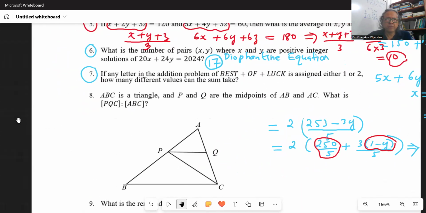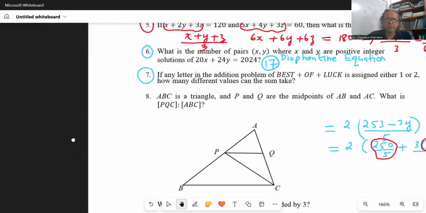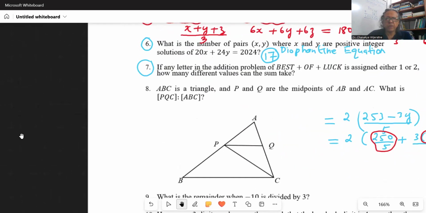So let's write it as a normal addition, because then we can see best, of, luck. So we just add them up. And this question is about the sum.